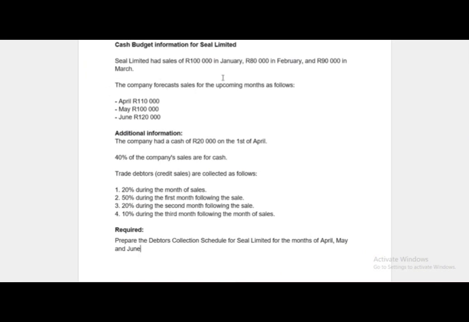And then on the column of months, you outline all the months that are provided for sales, which is going to be January, February, March, April, May, and June, right?